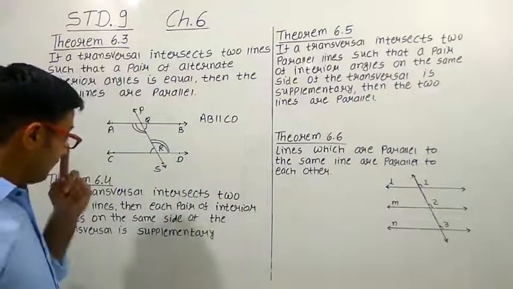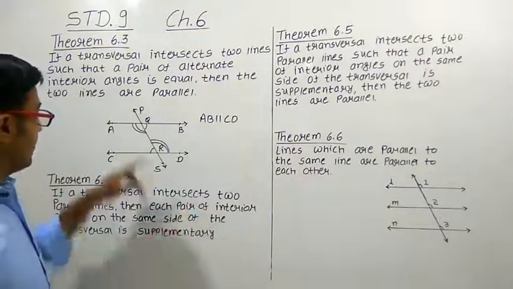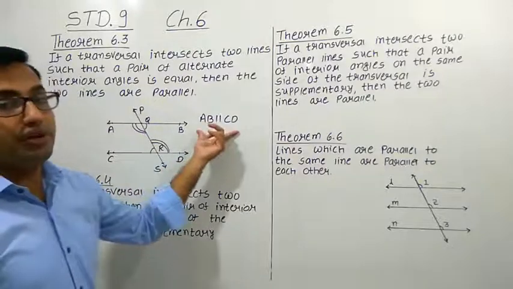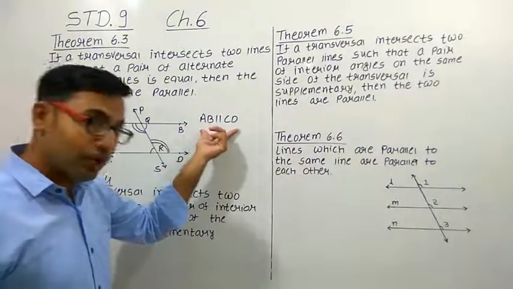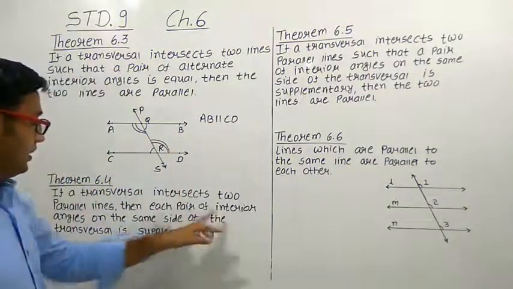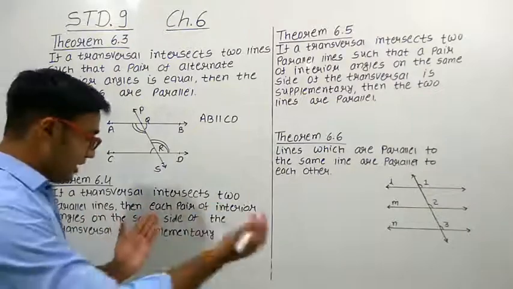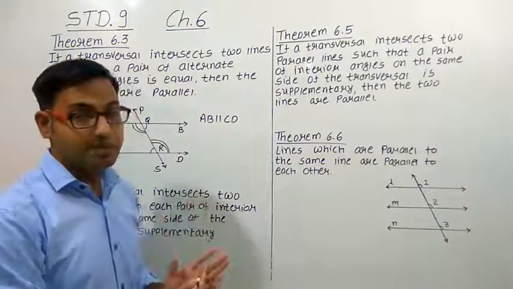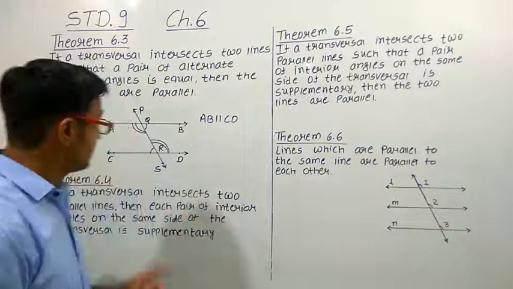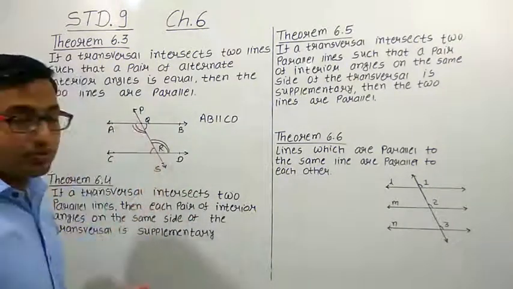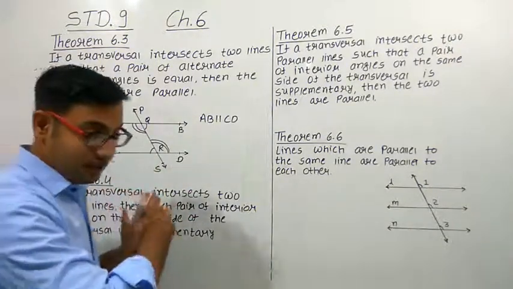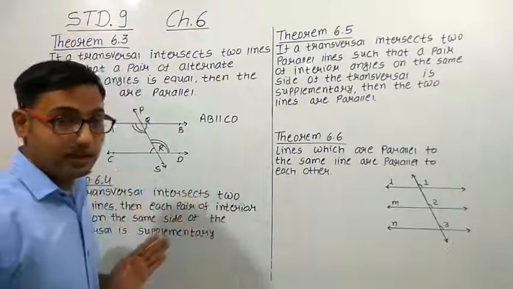So here, it is given that AB is parallel to CD. Then each pair of interior angles on the same side of the transversal. That means PS is the transversal, and we take either the left hand side or the right hand side.